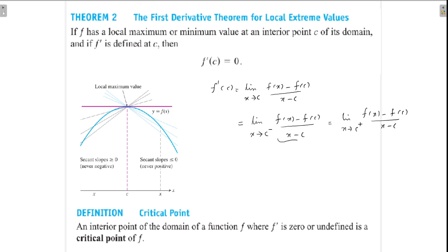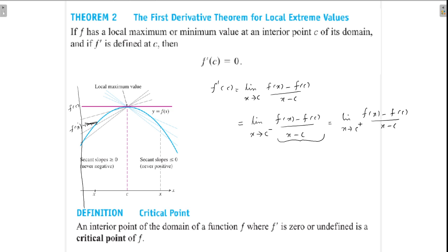Whenever you consider the left hand limit, we need to take x from the left hand side of x equal to C. So when you take x here, we can look at the value of f at x. Suppose this is our y-axis, this is our f of C and this is our f of x.